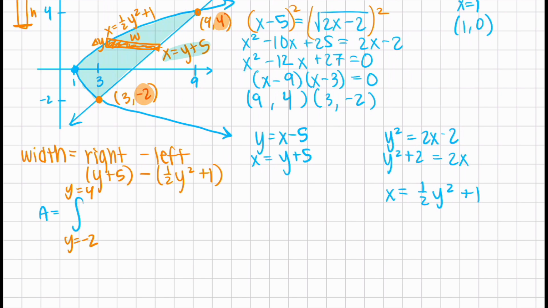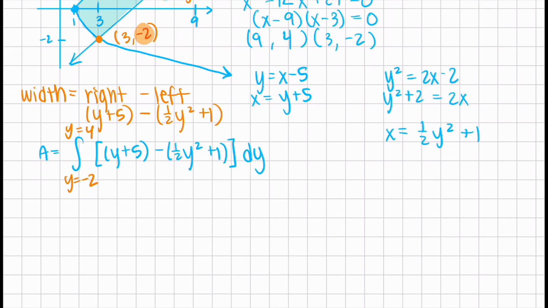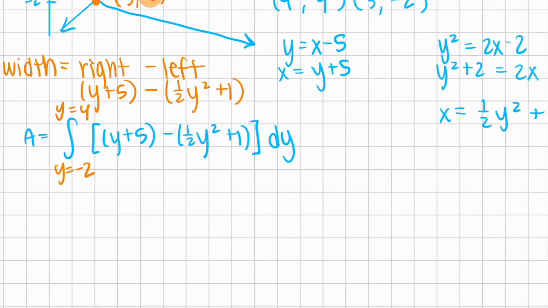And then I'm going to integrate the area of my rectangle. So I have my width, which is y plus 5 minus 1/2 y squared plus 1, and then this delta y right here turns into our dy. And this is the integral that we have set up.